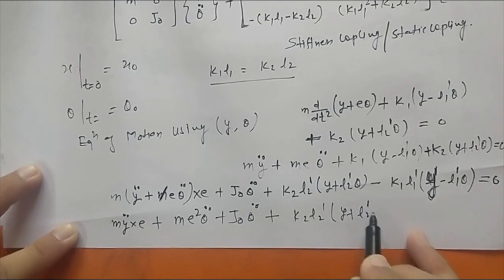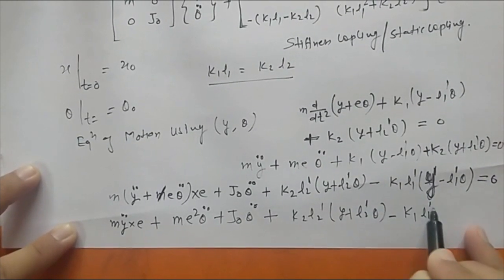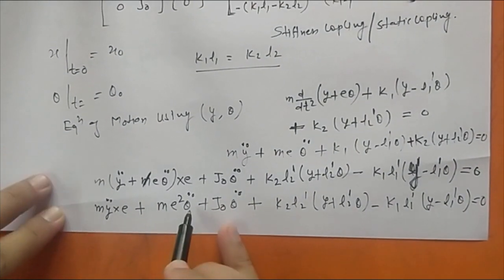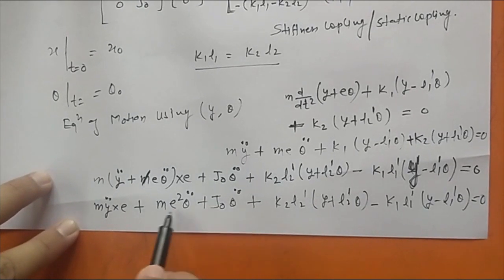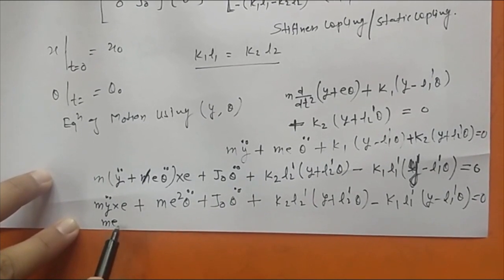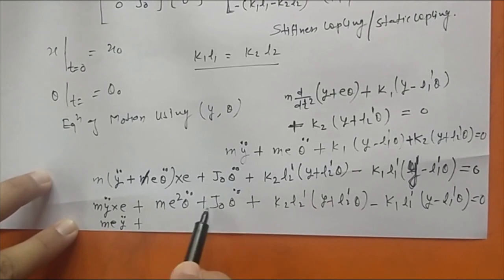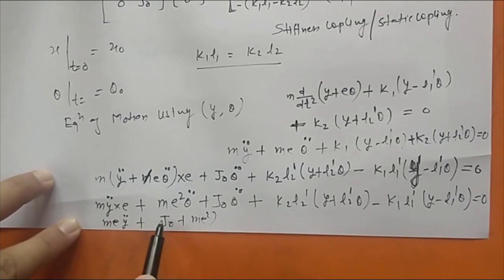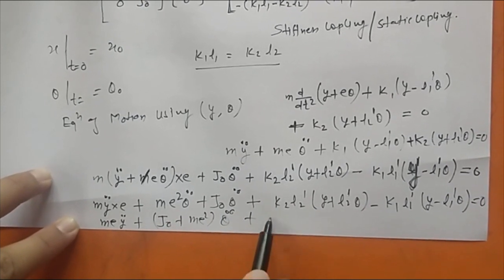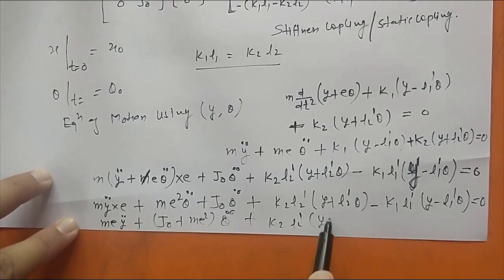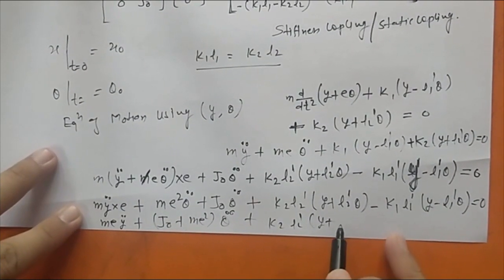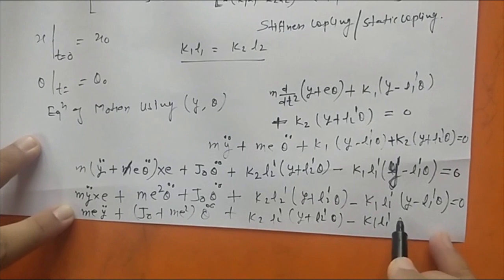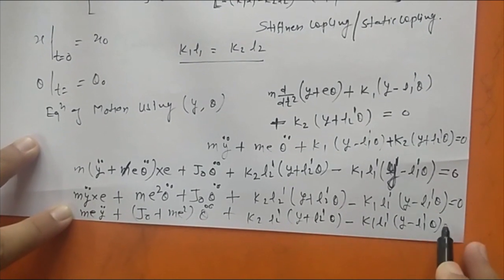So from here we can see: J naught plus m e y double dot, plus we'll take J naught plus m e square theta double dot, plus k2 L2 dash y plus L2 dash theta, minus k1 L1 dash y minus L1 dash theta is equal to 0.